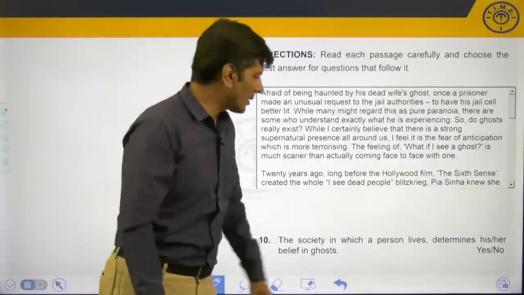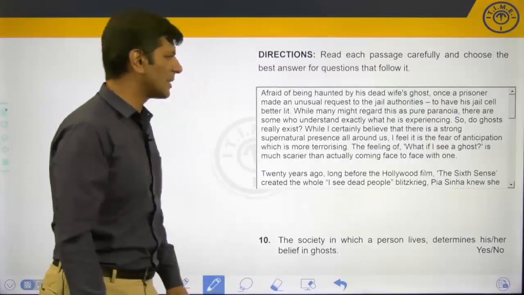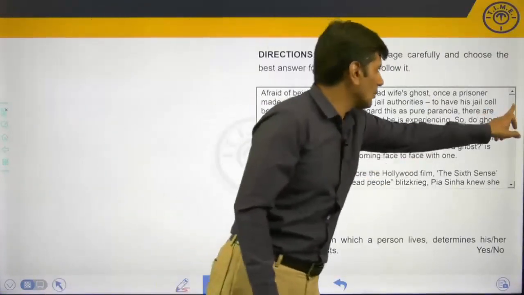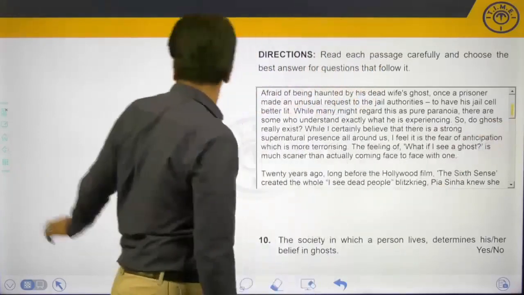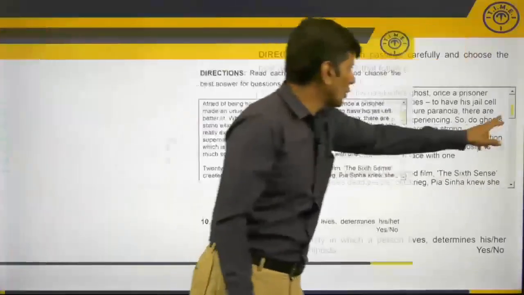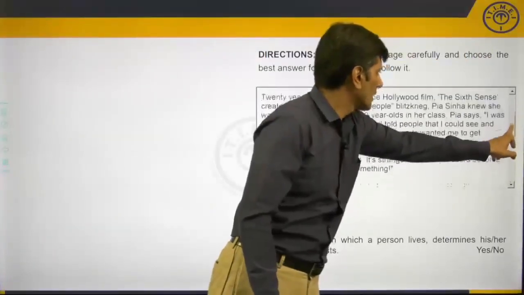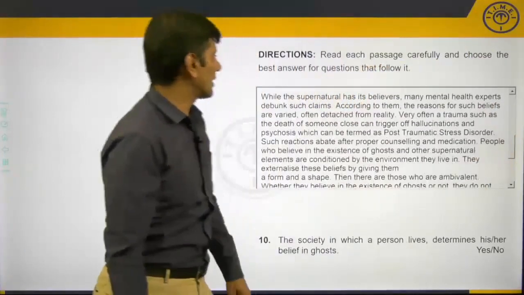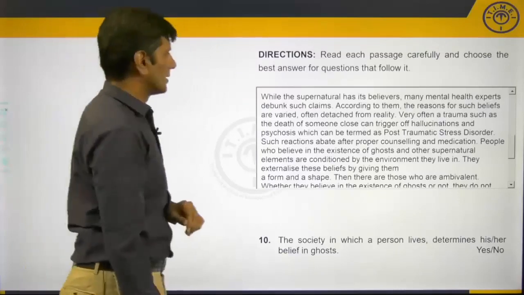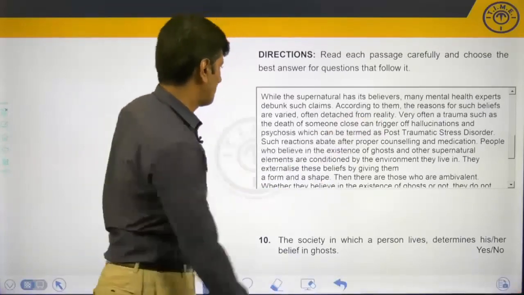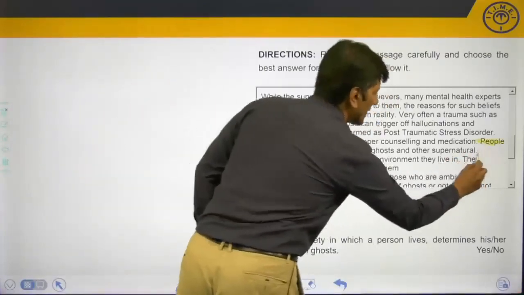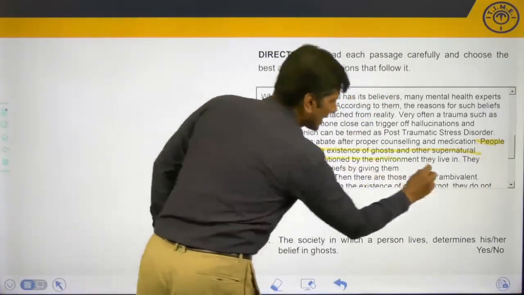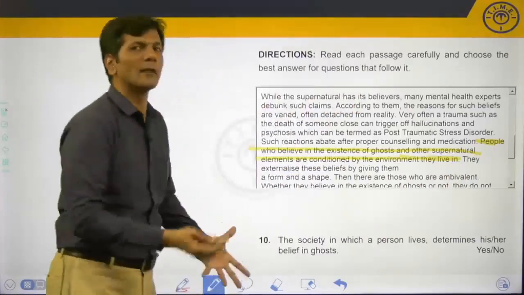The society in which a person lives determines his or her belief in ghosts. Now, let's take a look at what the mental health experts think. That would be our clue to this particular question. That's in our third paragraph. Our third paragraph here talks about this part: People who believe in the existence of ghosts and other supernatural elements are conditioned by the environment they live in.